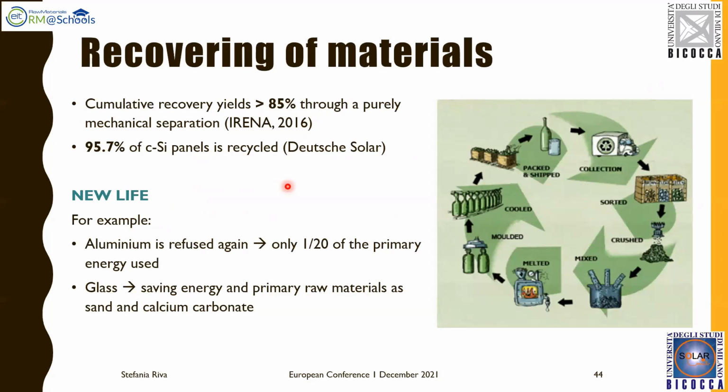From studies, we can say that more than 85% of the panel can be recovered, and the material can be used again for a new life. And in this picture, we have the life cycle of the glass, where there is also the recycling part, and the glass can be inserted in this cycle and be used again.